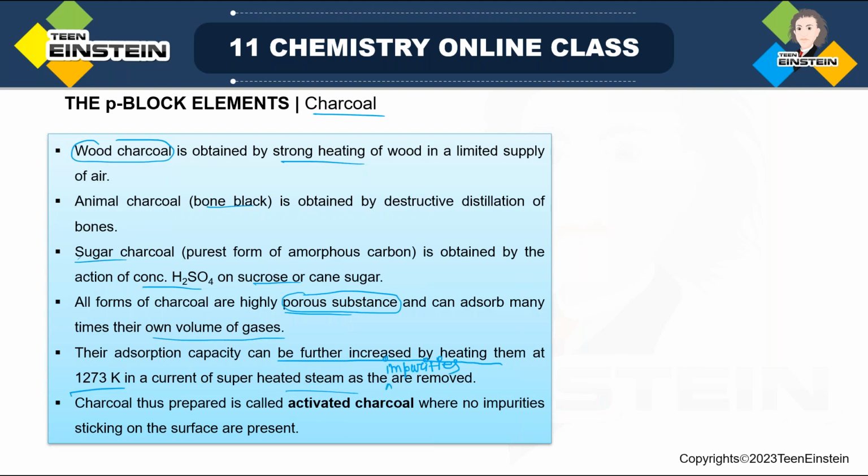We are basically removing the impurities so that more space is generated. Now charcoal which is treated in this way, that is, at high temperature we are heating it, is called activated charcoal. Activated charcoal always has higher absorption capacity compared to normal charcoal, where impurities are sticking on the surface, present.